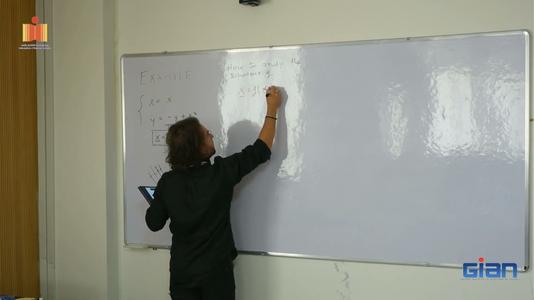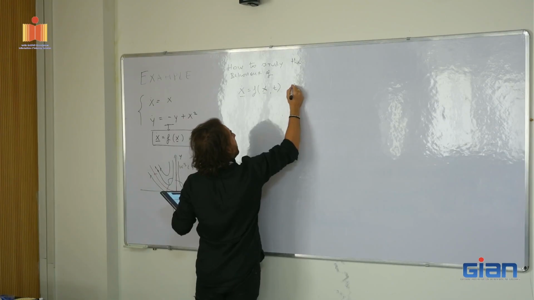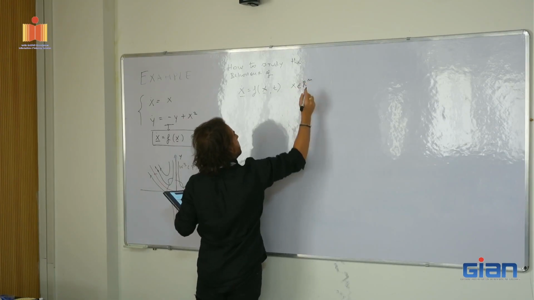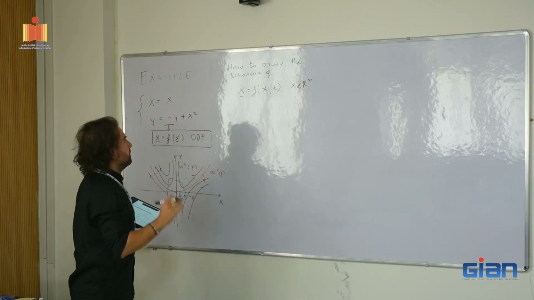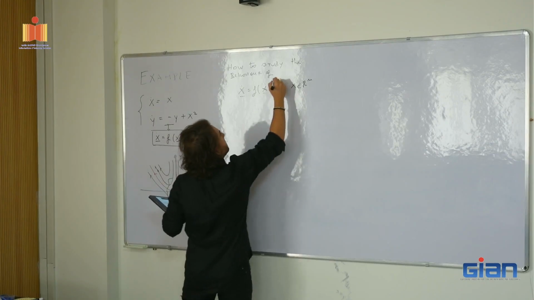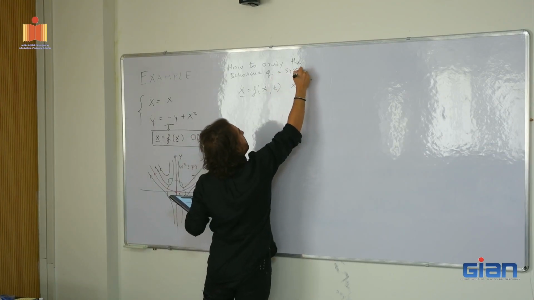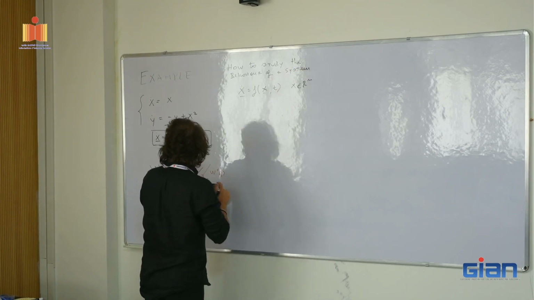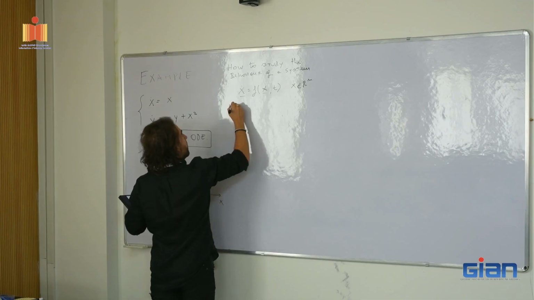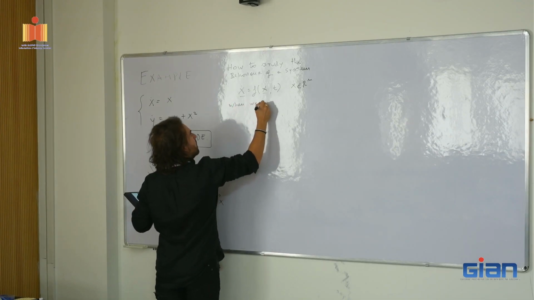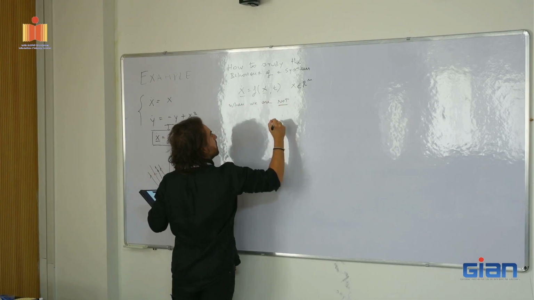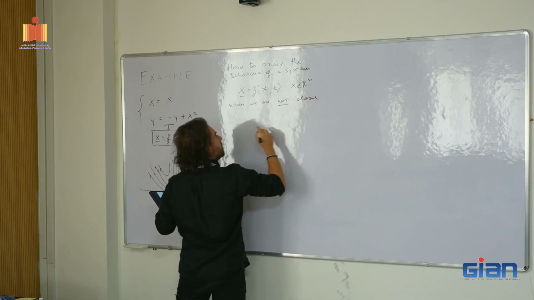I can also make it time dependent, where x, let's say, is in Rn. Say, this is 2 dimensions, could be 3, n dimensions of a system, when we are not close to a fixed point.